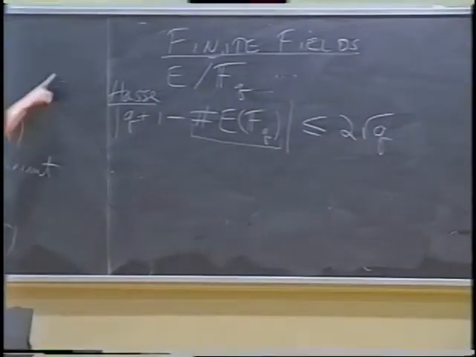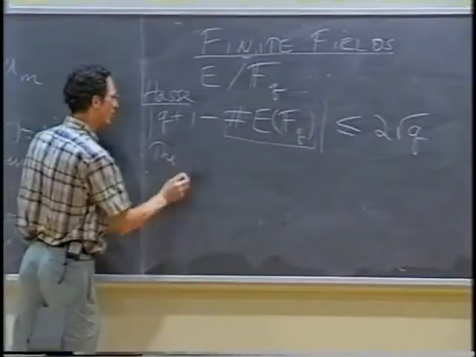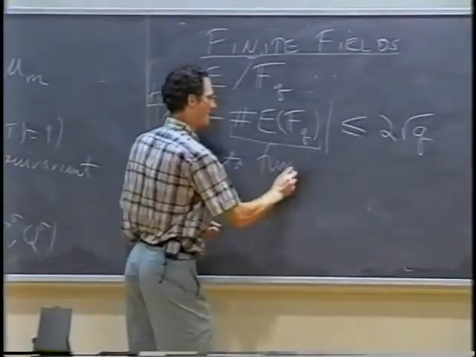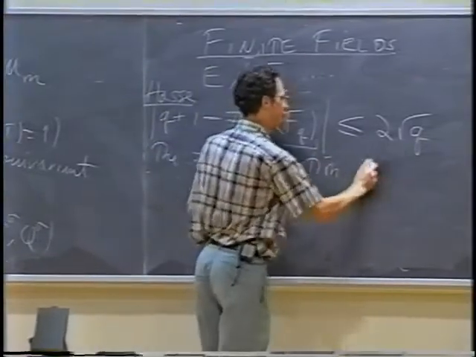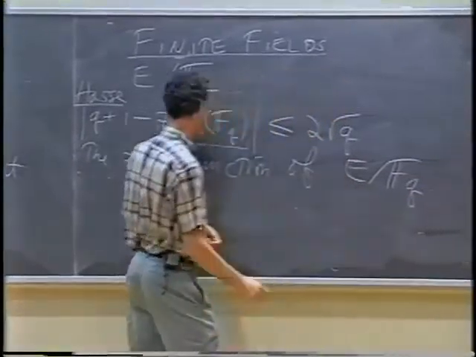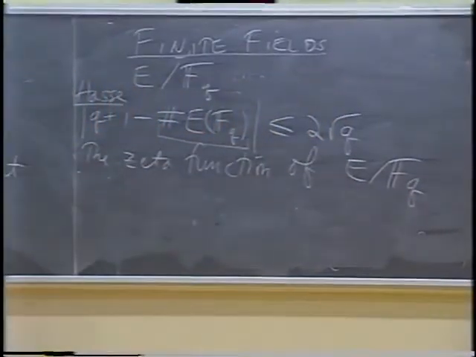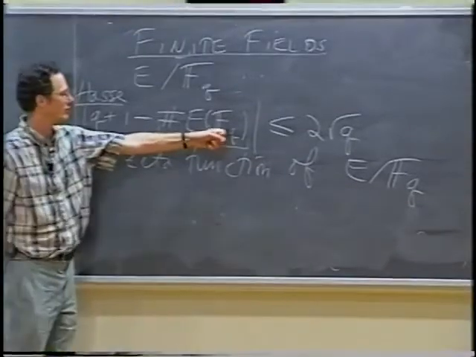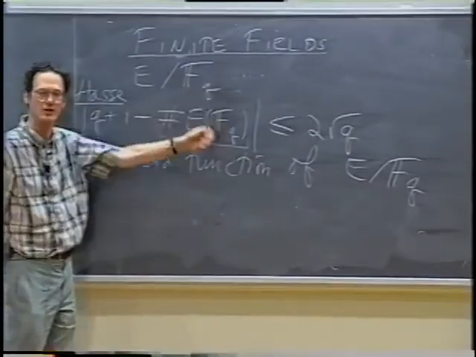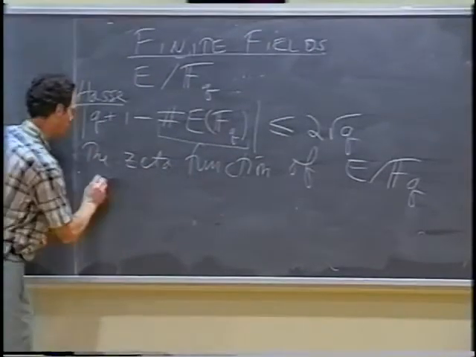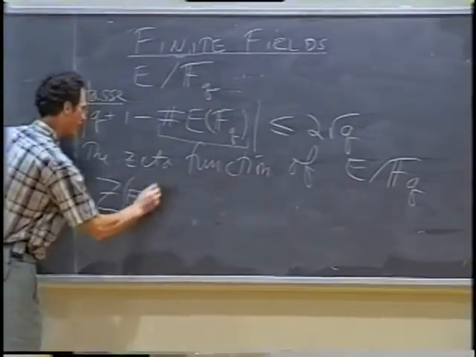But for now, if we're looking at one finite field, one defines the zeta function of E over that field to incorporate the number of points over this bottom finite field and all finite extensions of that. So it's the zeta function of E over F_q.